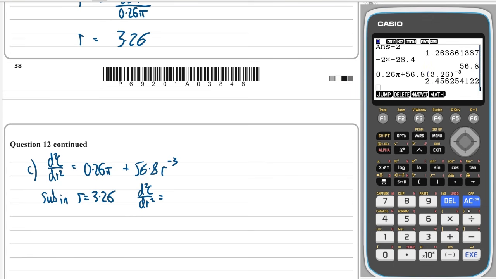And we get 2.45, which is greater than 0, thus a minimum. Because when the second derivative is greater than 0, it's a minimum. When it's less than 0, it's a maximum.